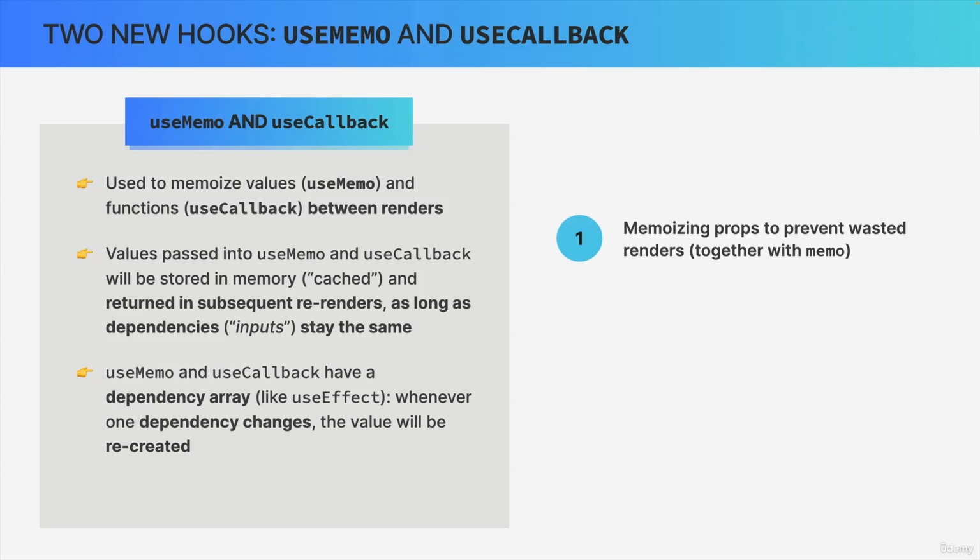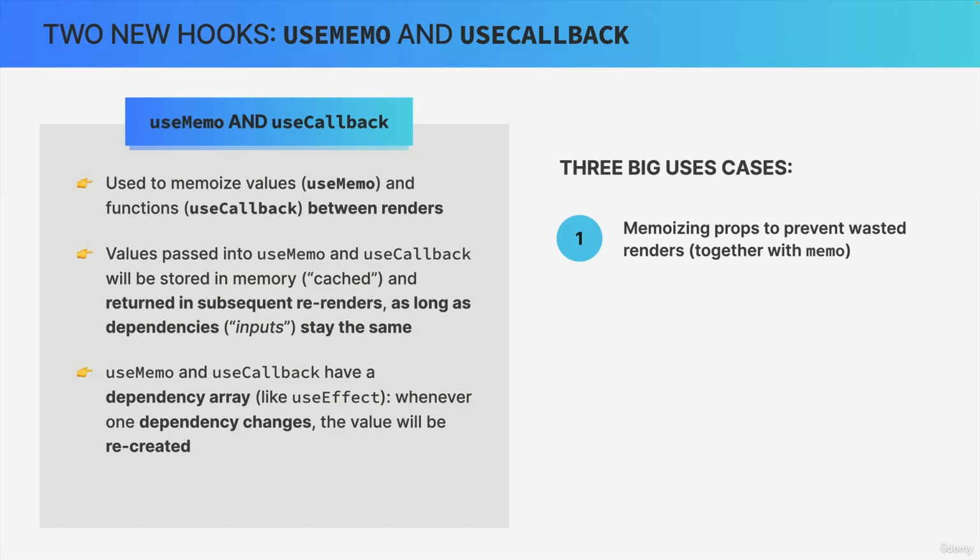So that's what the very first slide of the lecture was all about, right? And this use case is probably the biggest use case for useMemo and useCallback, and it made it very easy to understand why there is a need for these hooks. However, there are actually two additional use cases.